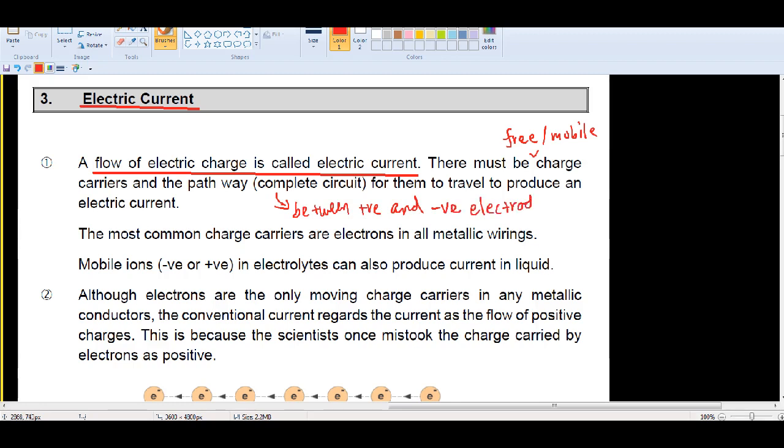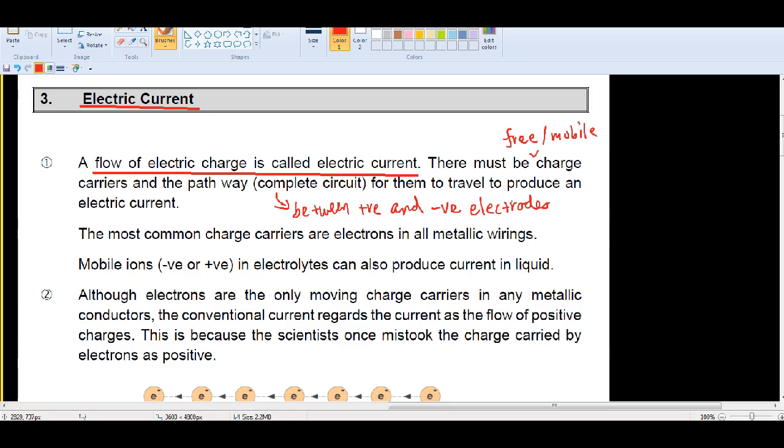In all circuits, you must have a source of electricity, could be a battery, could be a generator, but for every source there should be two terminals or two electrodes. So for a complete circuit, you have a path to link between those two electrodes.